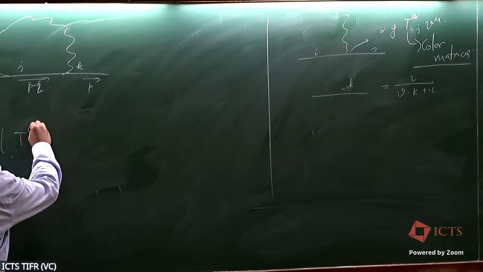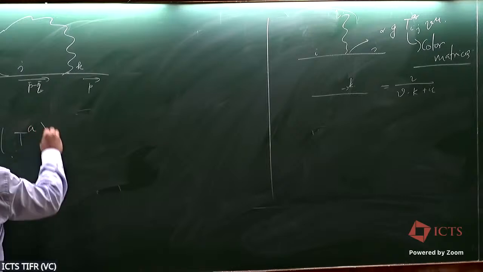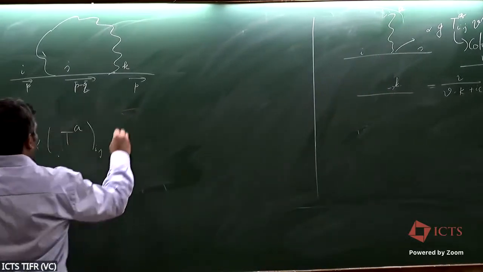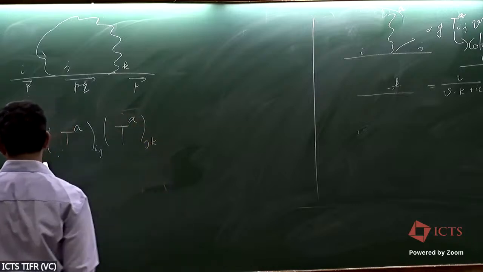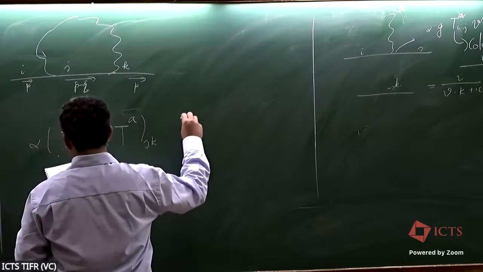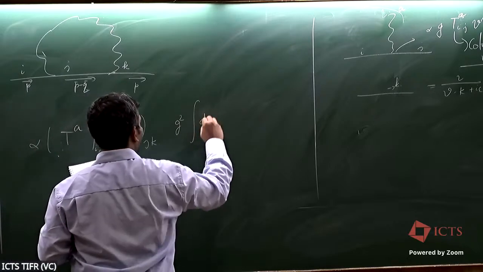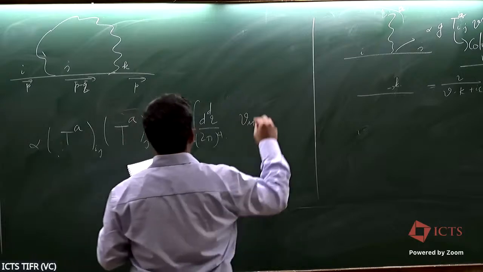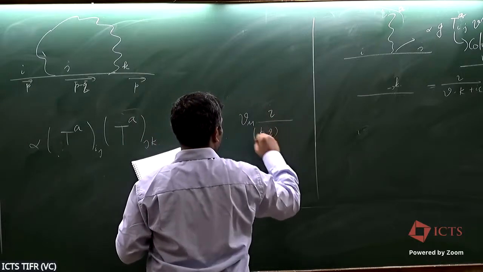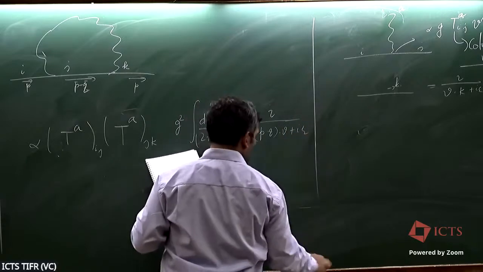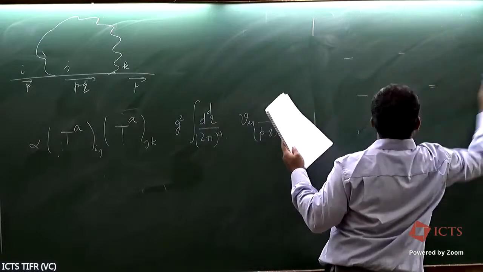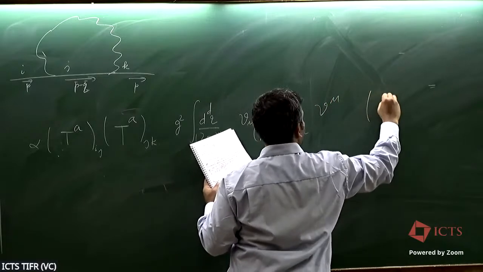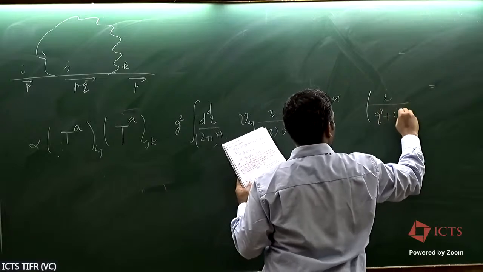So this diagram will be proportional to T^A_{ij}, T^A_{jk}, g squared, the integral d^dq by (2 pi)^d, v^mu, i by (P minus q) dot v plus i epsilon naught, and v^mu, i by q squared plus i epsilon naught.